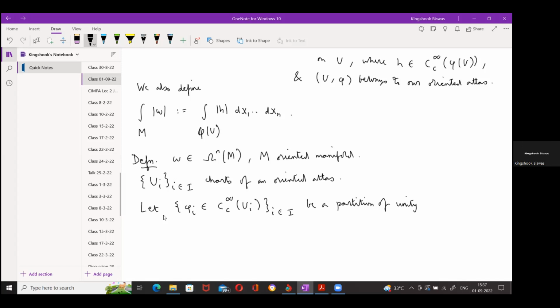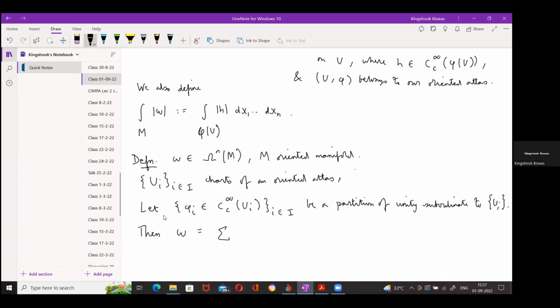A partition of unity subordinate to U_i.